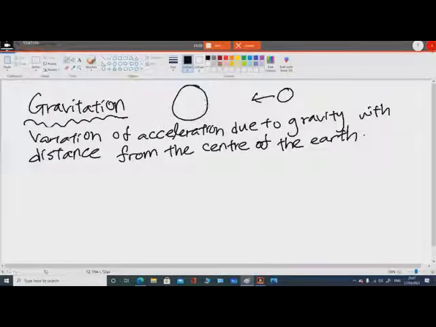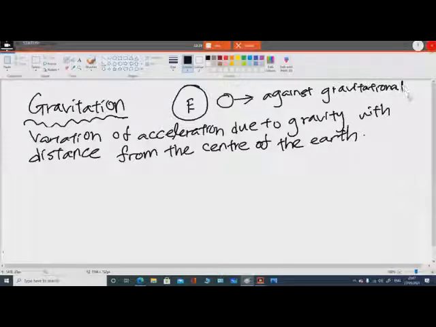This time we are going to discuss how acceleration due to gravity varies with distance when the object is about to move away from the Earth, against the gravitational pull.